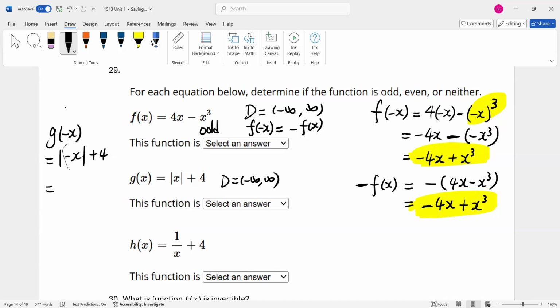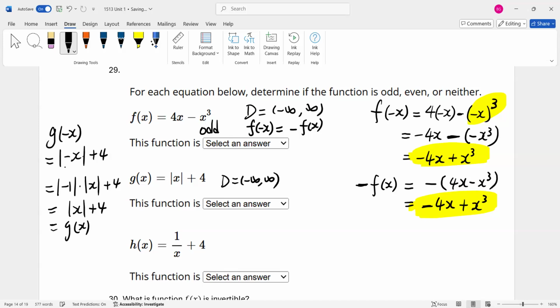If the inside is positive, it is positive. If the inside is negative, it's still positive, right? So we can understand this part as absolute value of -1 times absolute value of x. And we know absolute value of -1 is 1, so it's the same thing, right? Do you see that? It's the same thing.